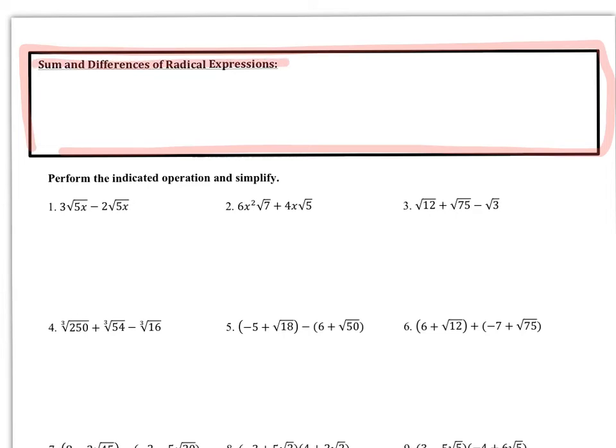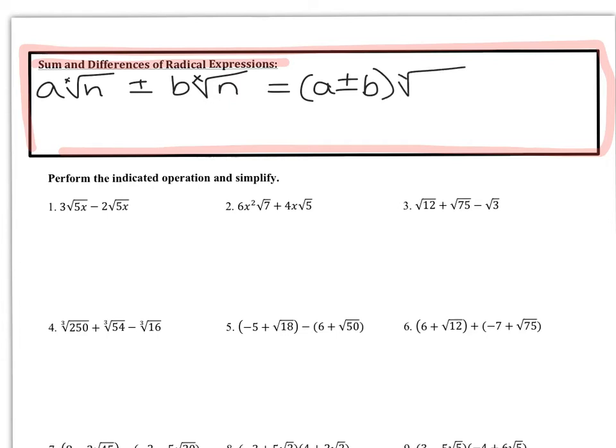So what this tells me is if I have a to the x root of a number plus or minus b to the x root of some number, that's going to equal a plus or minus b x root of some number n.